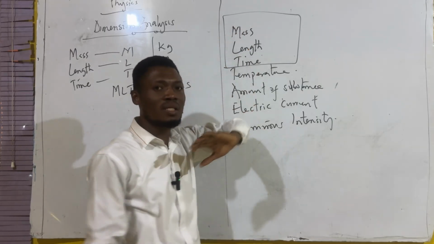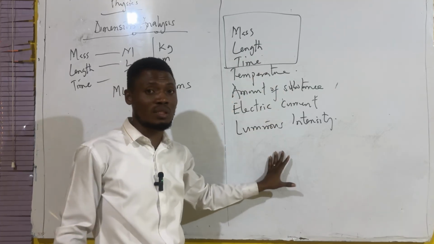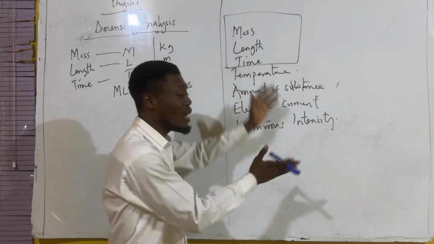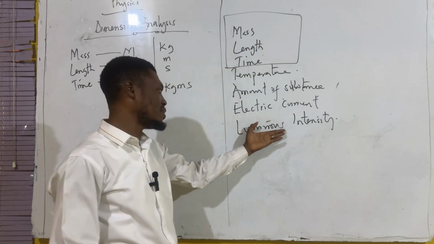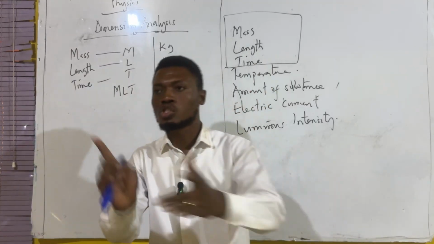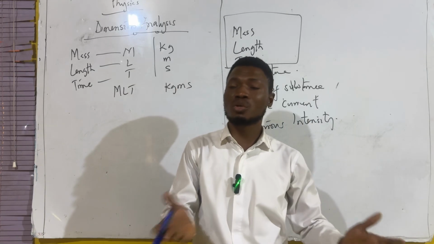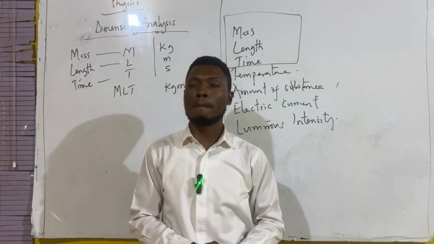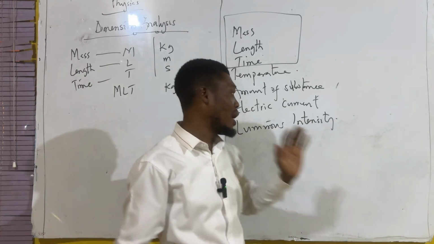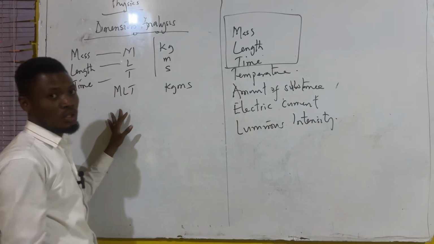These are your fundamental quantities, and anything outside these seven is a derived quantity, which means your force, your velocity, your speed, your momentum, every other quantity falls under derived. That being said, these are what we use to calculate dimensional analysis.